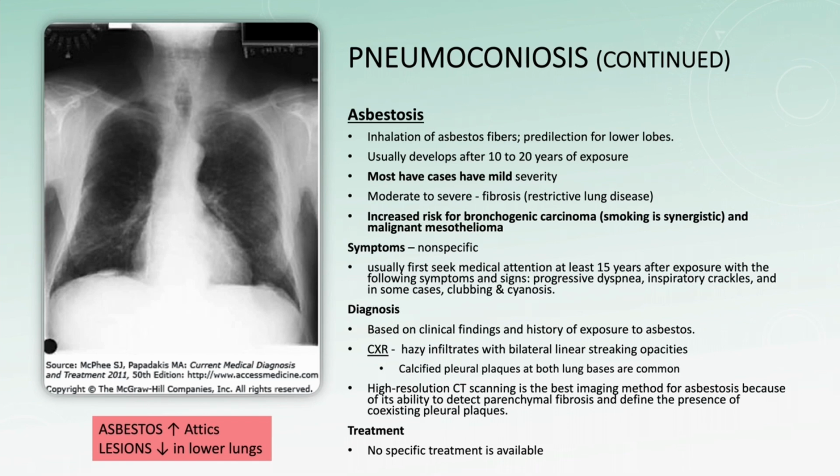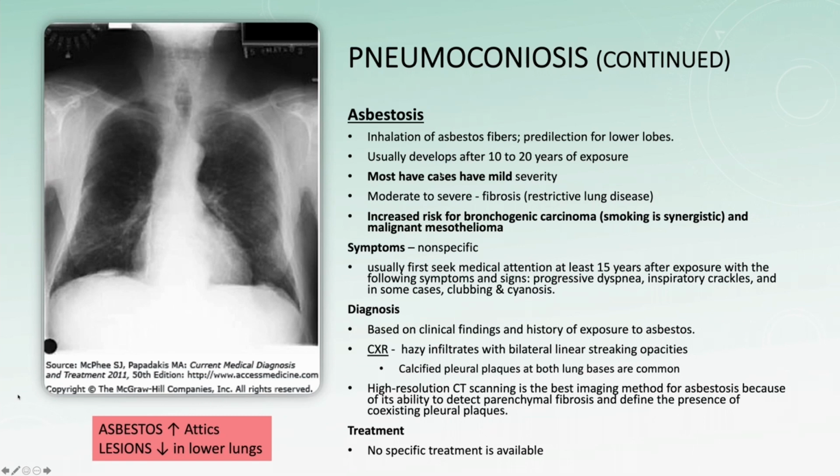Working in the attics, insulation used to have asbestos fibers, and I'm sure you've seen a commercial with a greedy lawyer that wants your business. If you've been exposed to asbestos or if you have mesothelioma and they want to work your case for you, you've probably seen it. It usually develops several years after the exposure, so it takes about 10 to 20 years to really start to show its face.